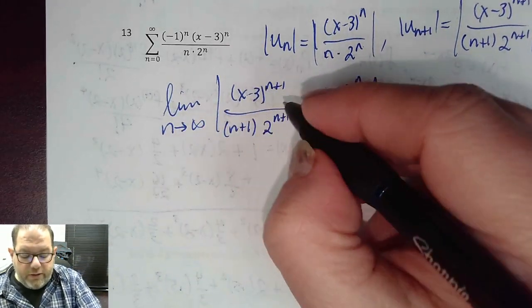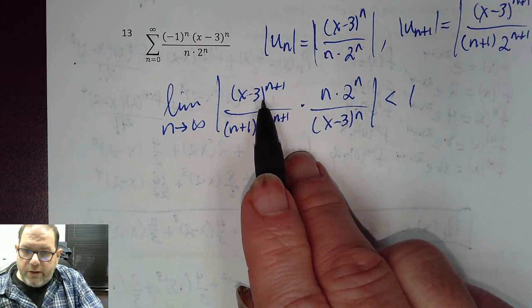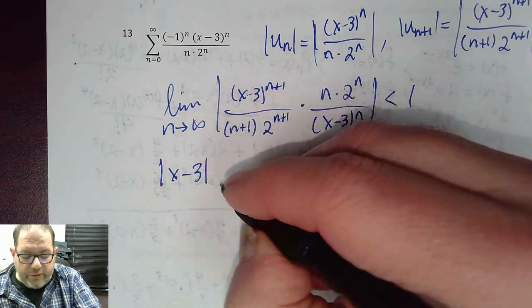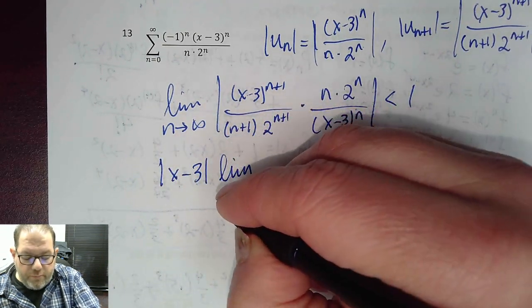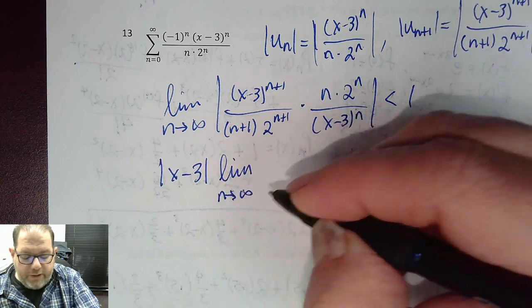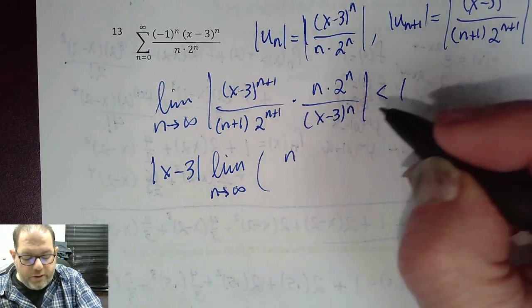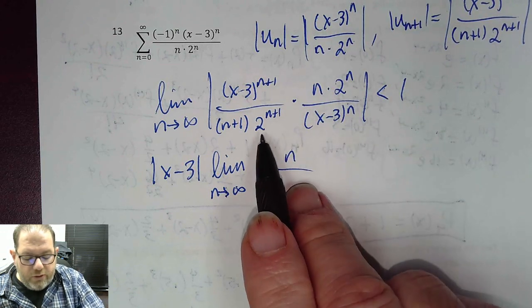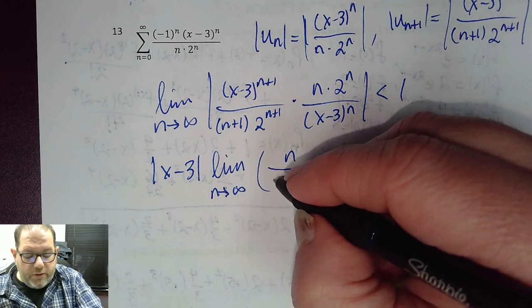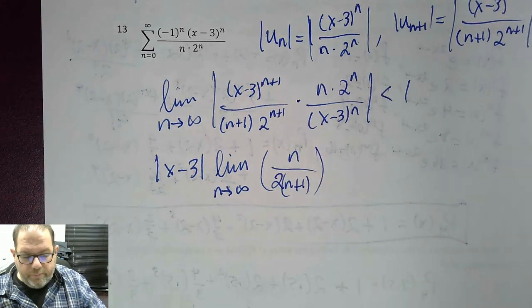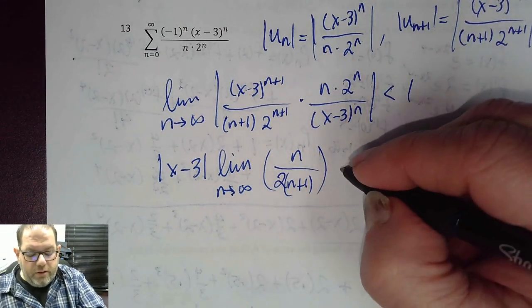So we have one extra x minus 3 in the numerator. Bring it outside, still with the absolute value. We know there's an n in the numerator, and then there's a 2 times n plus 1 on the denominator. Less than 1.